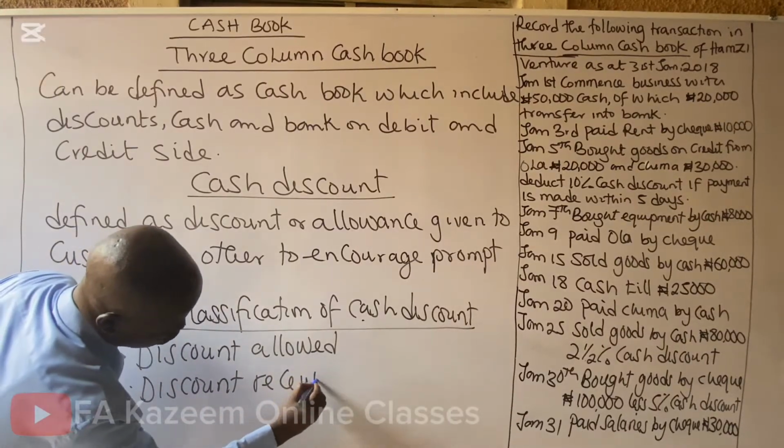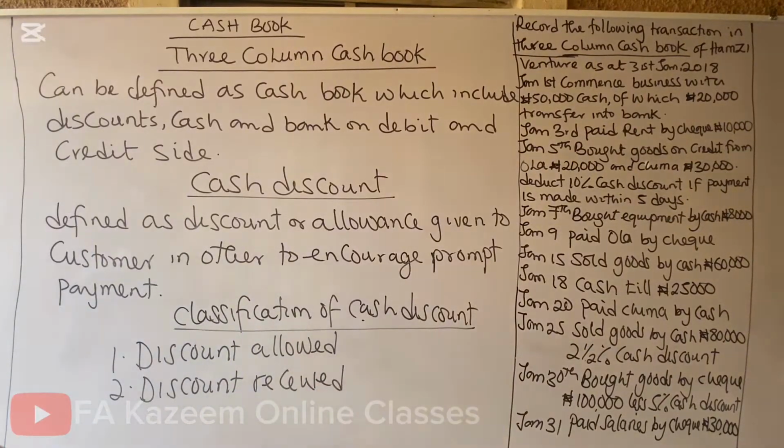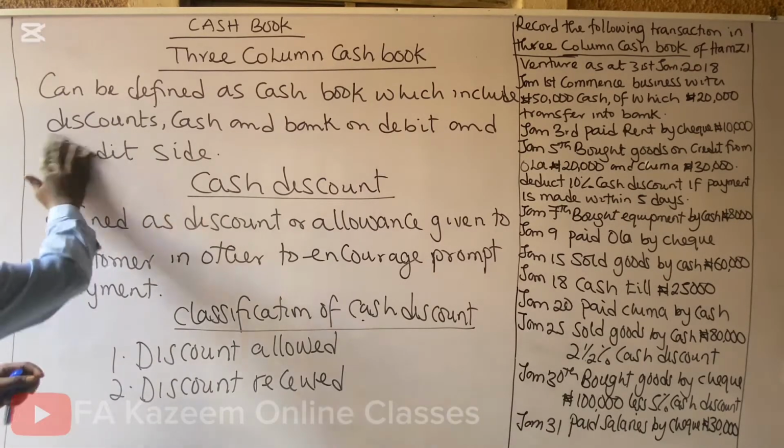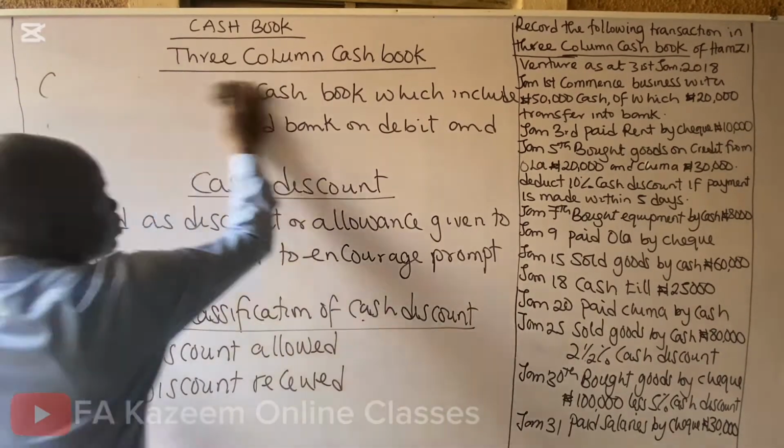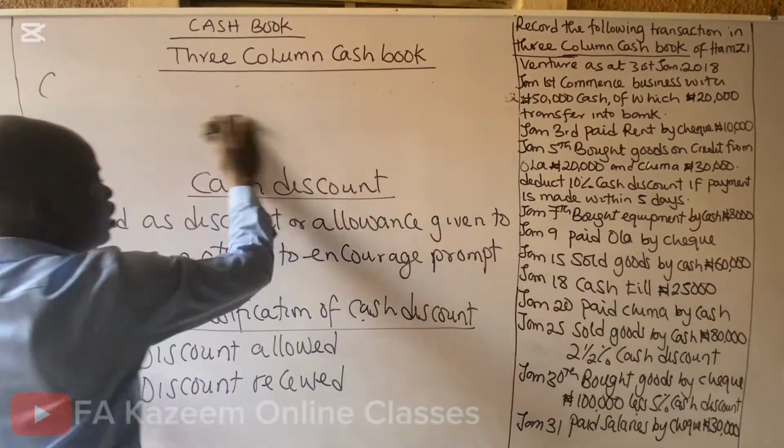Those are the two classifications of cash discount. And what is discount allowed? And also, what is discount received?